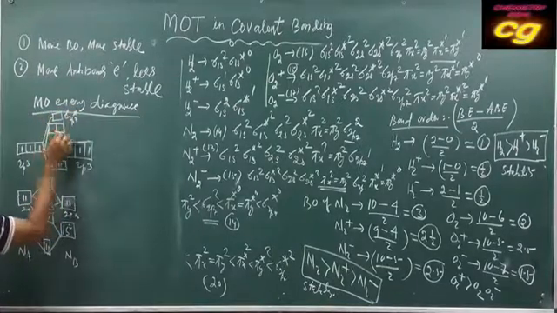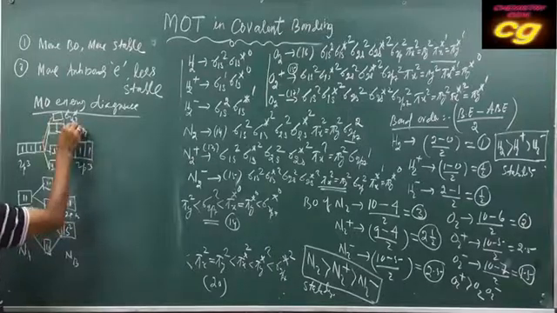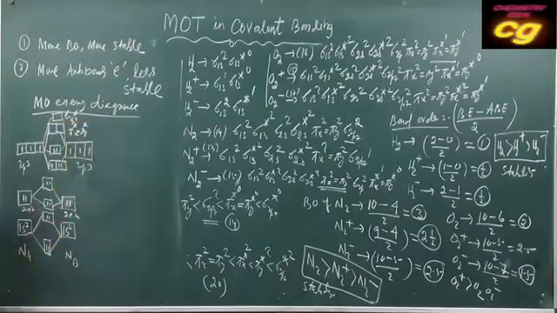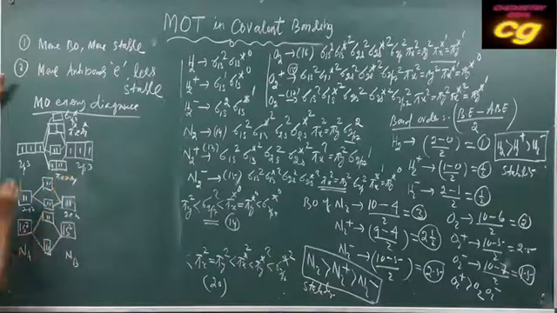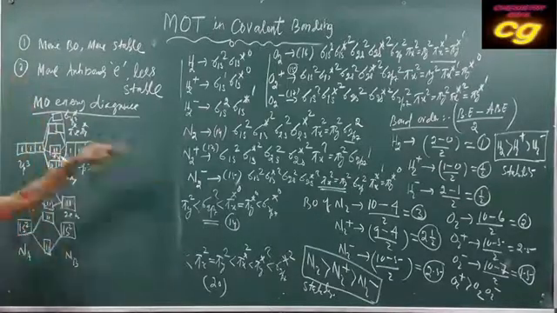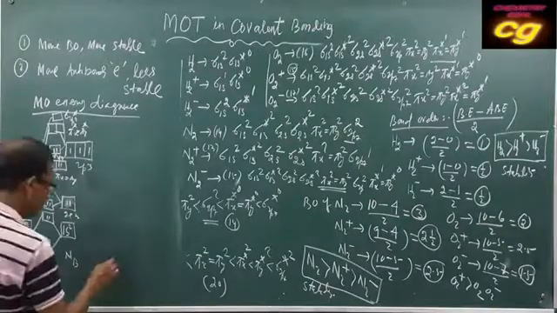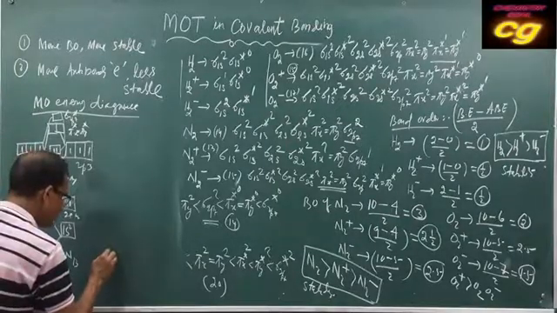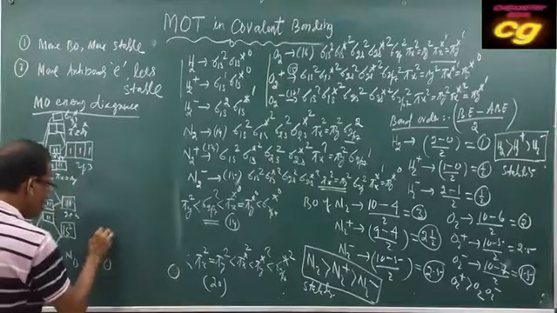This is your pi x and pi y star, also vacant. And this is your pi x equal to pi y, and this is your sigma 2pz. Just the same way it is written. So this is the molecular orbital.